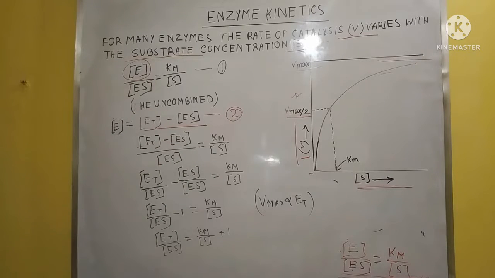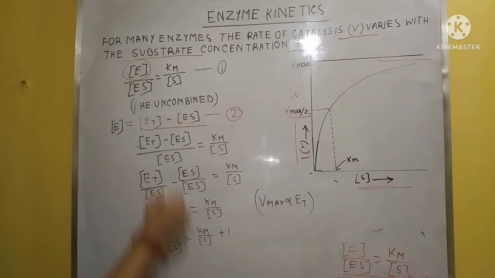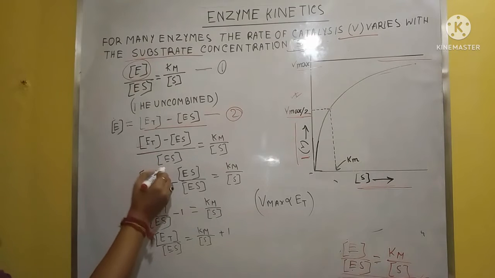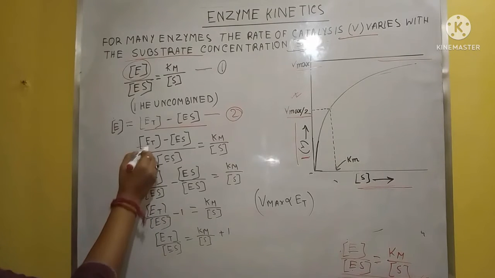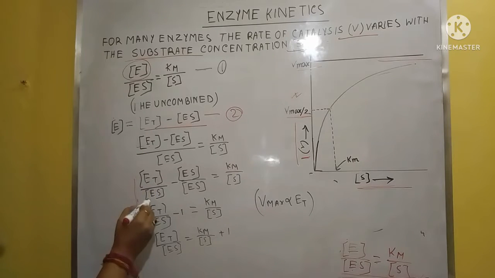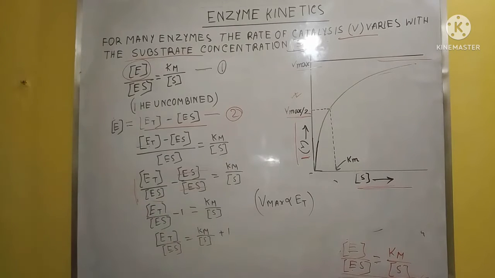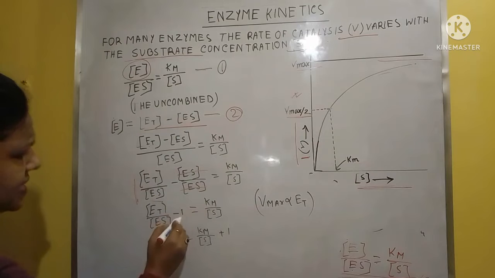Now first ET by ES, where ET means total enzyme concentration, ET by ES complex, and ES by ES becomes cancelled. So 1 is there.